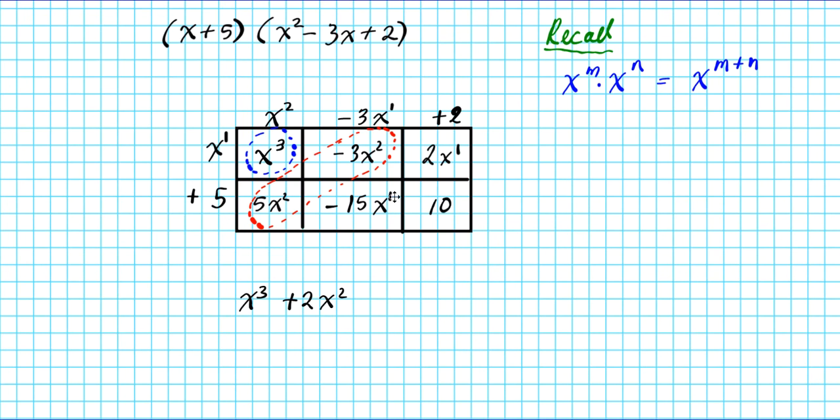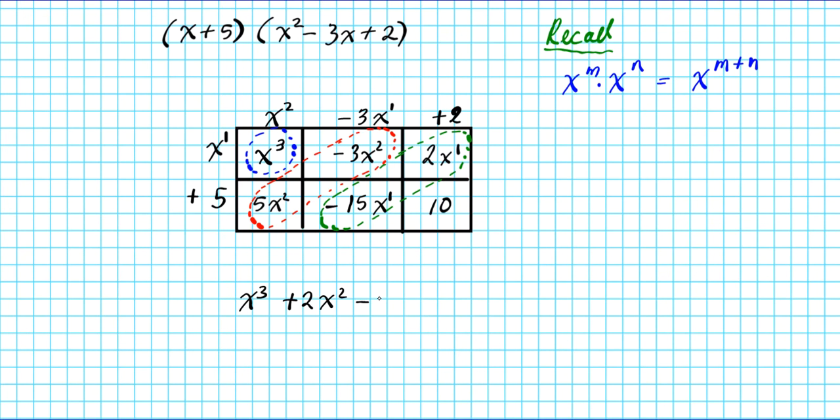If you take a look at the next diagonal, we have two like terms nicely organized for you again. So we just simply combine them along this diagonal. These are two first degree terms in terms of x. So we just combine the coefficients and add on the x to the first power. So what is negative 15 plus 2? Signs are different, subtract, and keep the sign of the bigger.